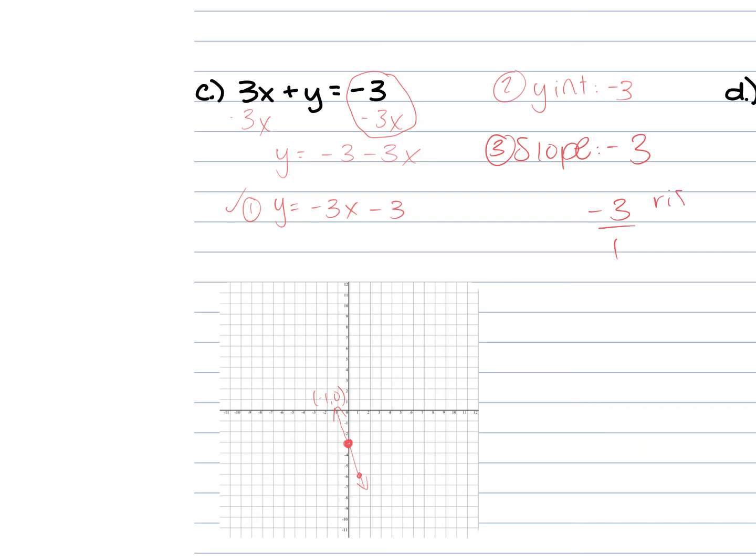Your rise was -3 and your run was 1. So you should have gone down 3 and then to the right 1. Down 3 and then to the right 1. How many of us got C from start to finish? Raise your hands. Okay, if you didn't, guys, learn from it. Write down everything I wrote down. Learn from it.